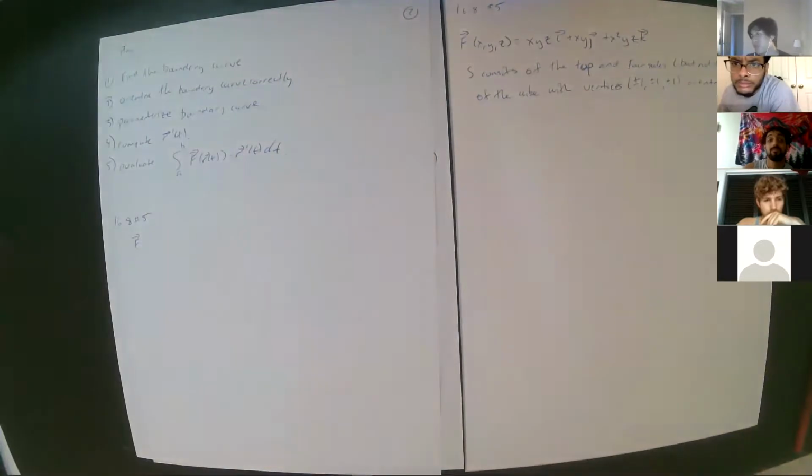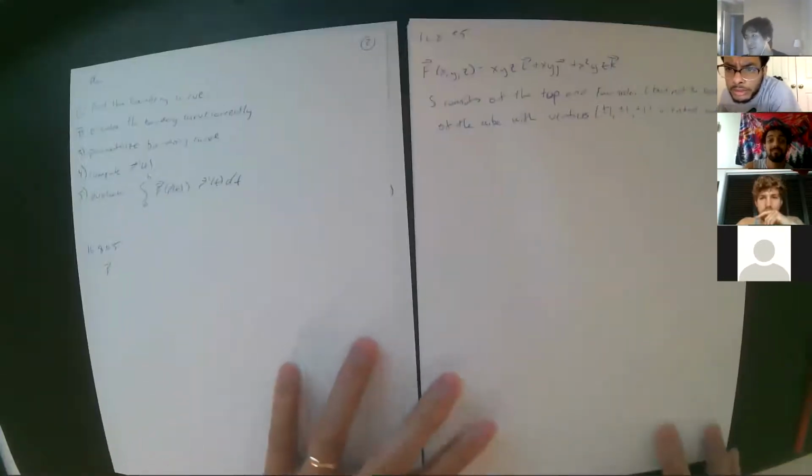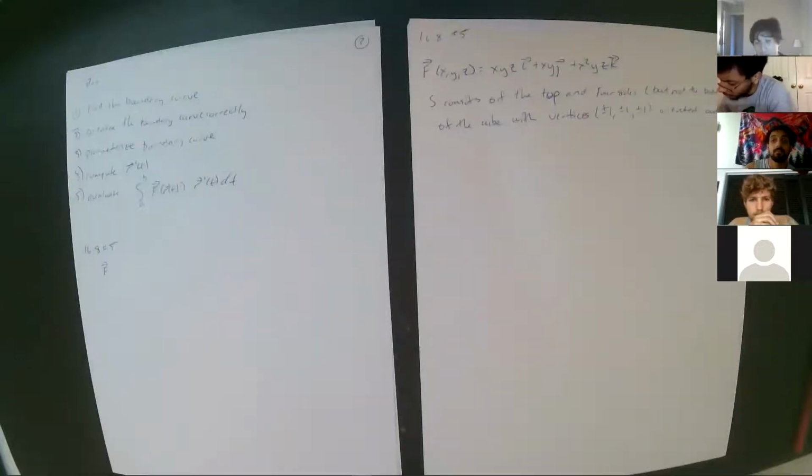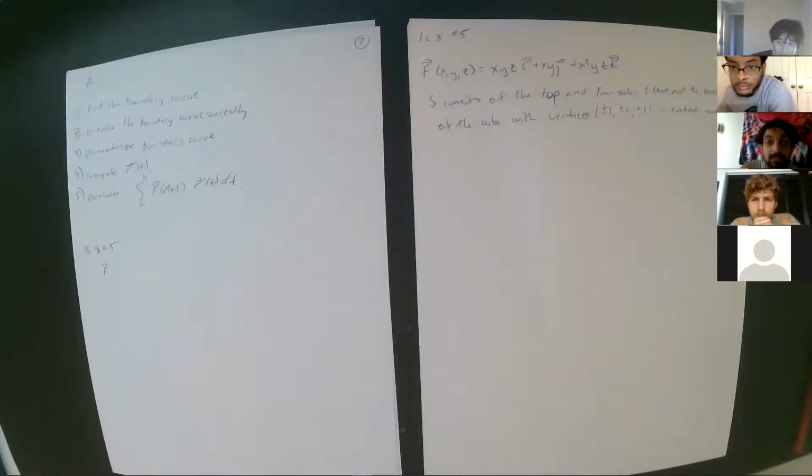Okay. So what's the purpose of this discussion of S here? It tells us the surface. So what does this thing look like? Let's try to describe S. Well, it's a cube. Square is 2-dimensional.